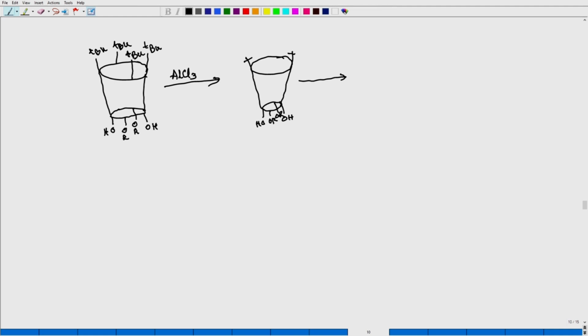For example, E plus will be added, and we can actually replace all of them after that. We can get all of them also.